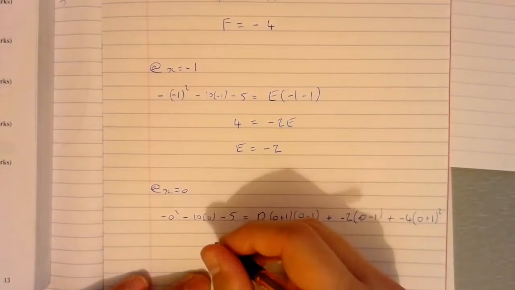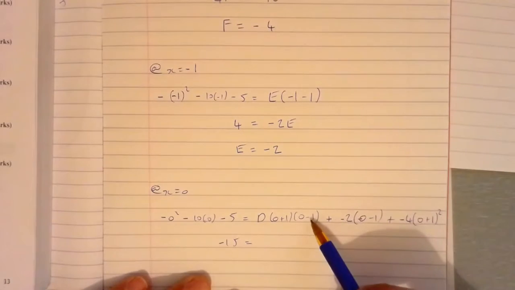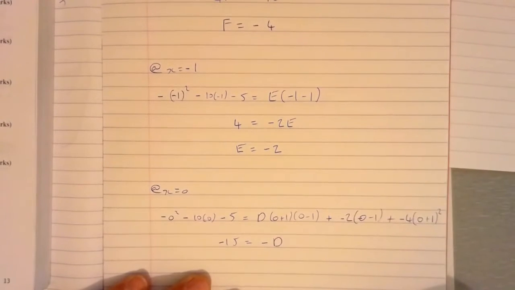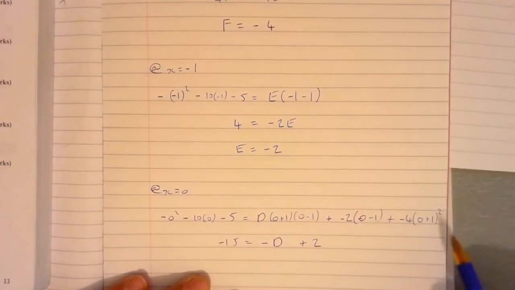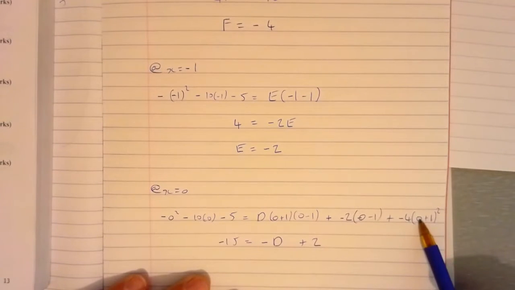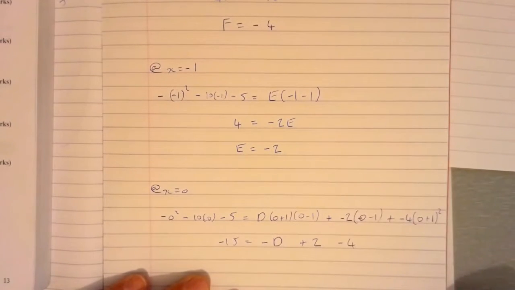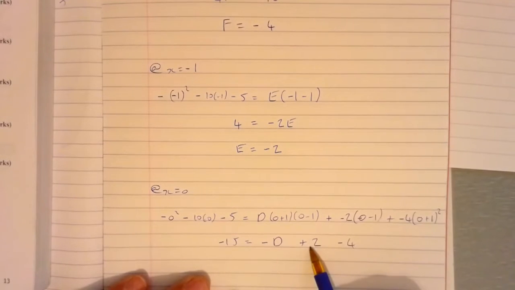Minus 10 minus 5 more is minus 15. This thing here, that's 1, that's negative 1, times together gives you negative 1, so that's a negative D. Minus 2, and that's 0 minus 1, that is a 0, not a negative 0, if there's such a thing. So negative 1 times negative 2 is plus 2. 1 plus 0 all squared is 1, times minus 4 is minus 4. So plus 2 and minus 4 gives me minus 2.